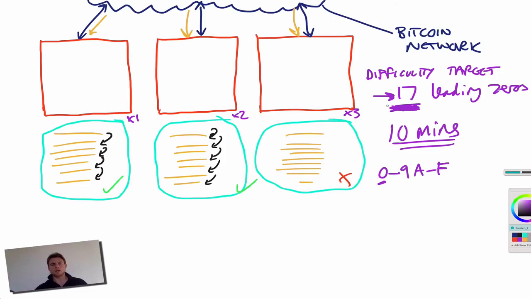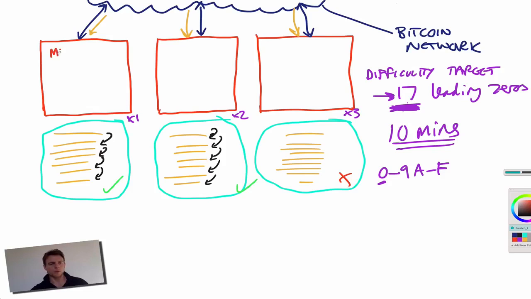It adjusts itself dynamically such that, based on the computing power dedicated to the network at the moment, it will take roughly 10 minutes for the next hash with the correct number of leading zeros to be produced. It's all very clever and sophisticated in the background, but that's where the 10 minutes comes from. The difficulty of finding the hash is expressed in the number of leading zeros you're expected to produce in order to produce a valid block hash for the new block.